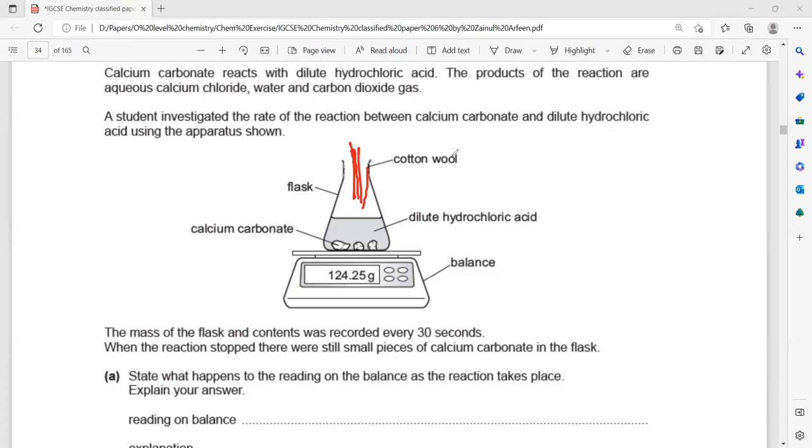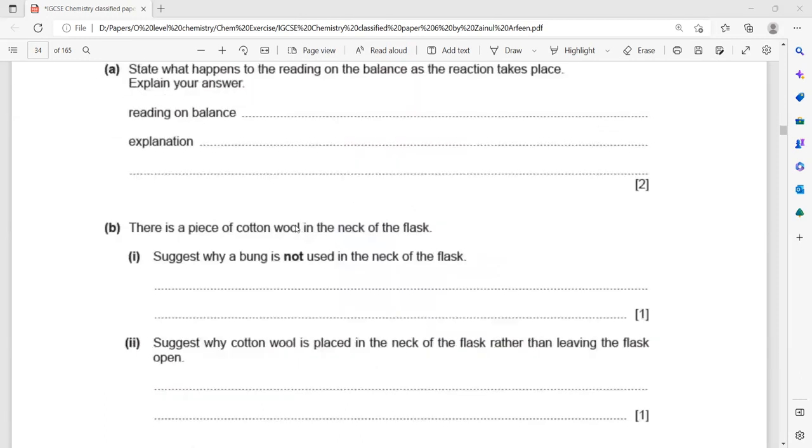So as a result, what happened? Maybe the acid, the contents in the flask, might be lost due to splashing or spraying of the acid. So you can mention here that it prevents acid spray.